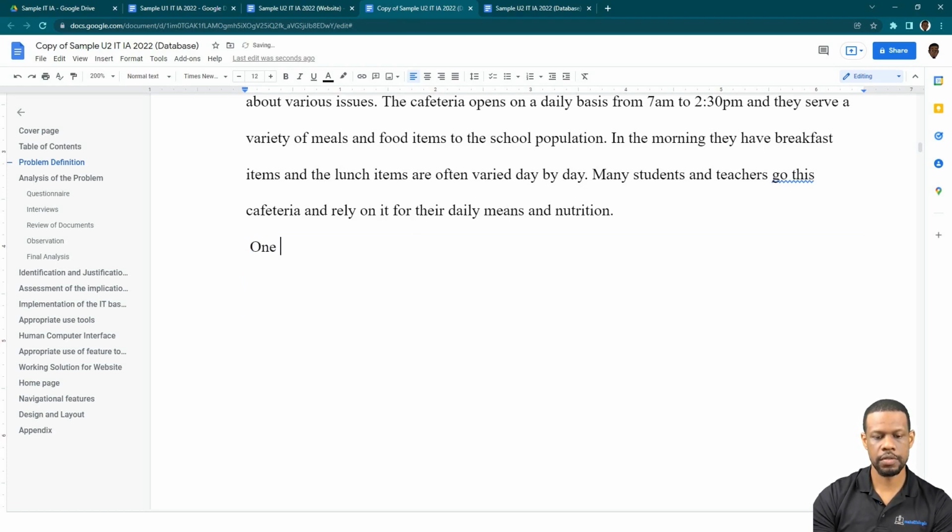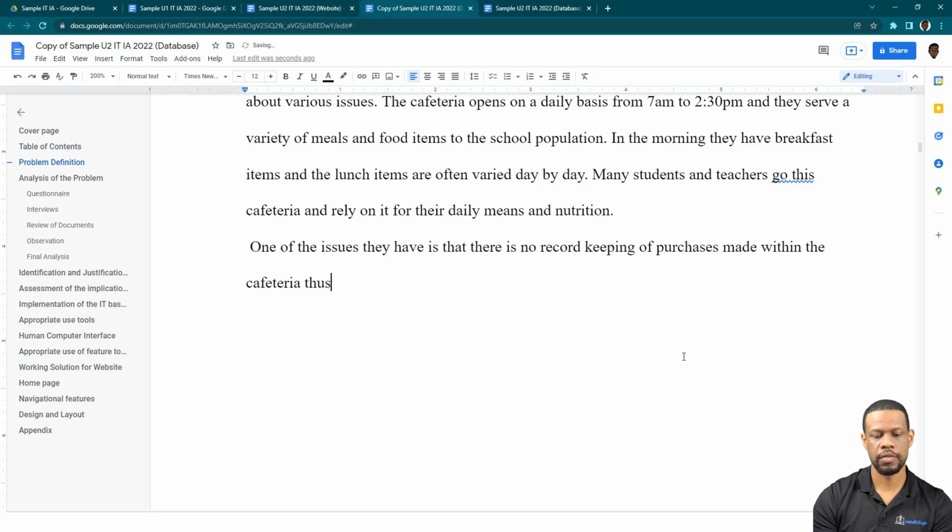One of the issues they have is that there is no record keeping of purchases made within the cafeteria. Thus, they give no receipts for orders or purchases. Right?